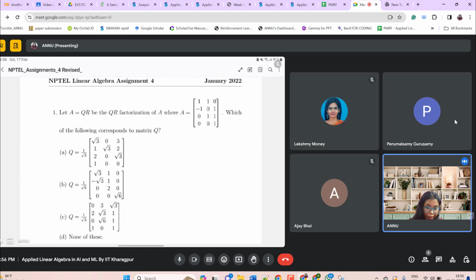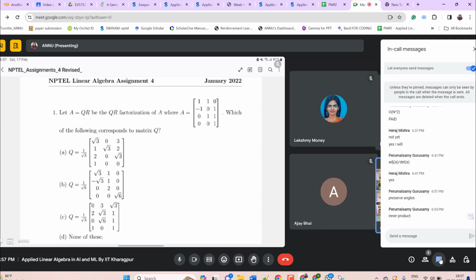Which of the following corresponds to matrix Q? What should be the answer? Take your time.